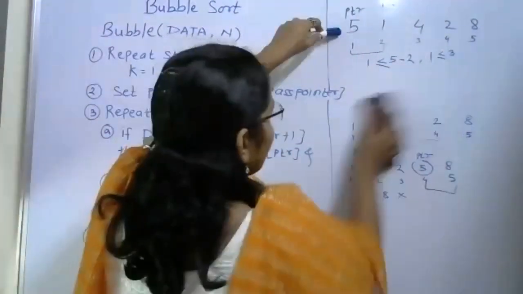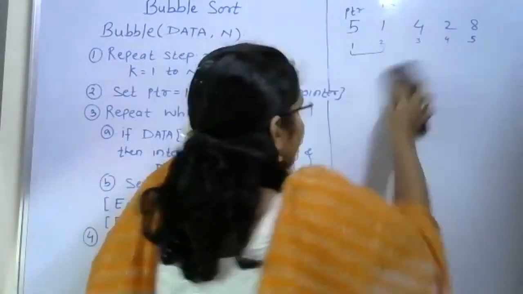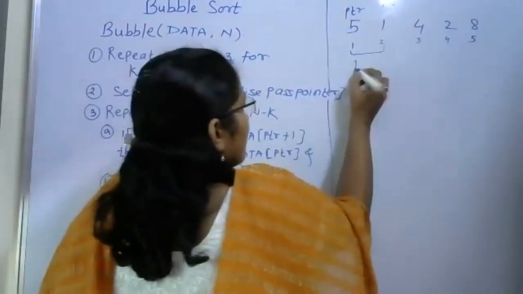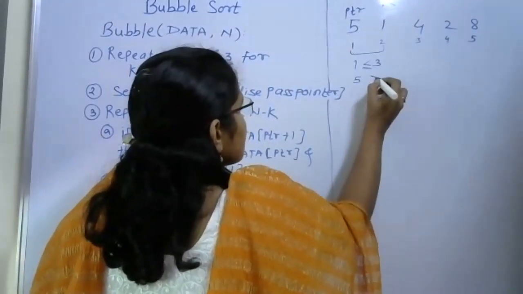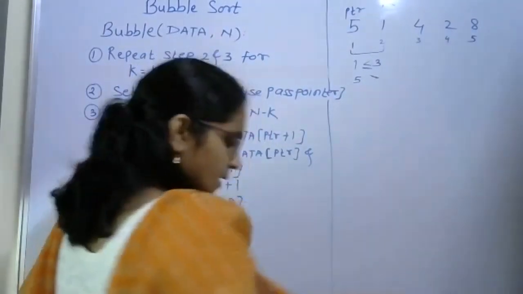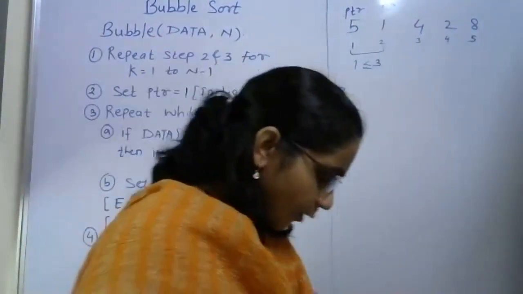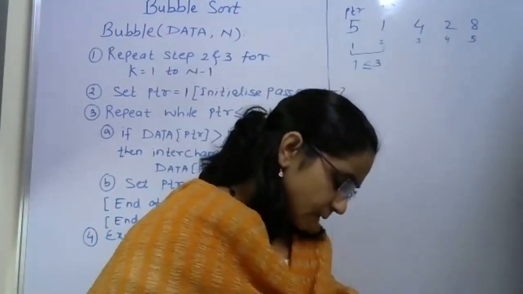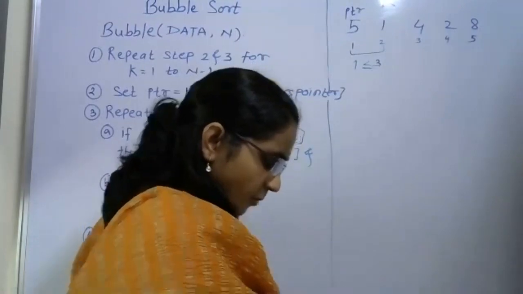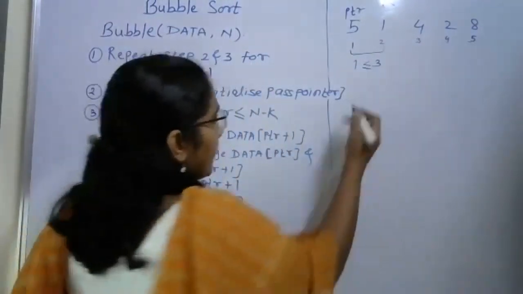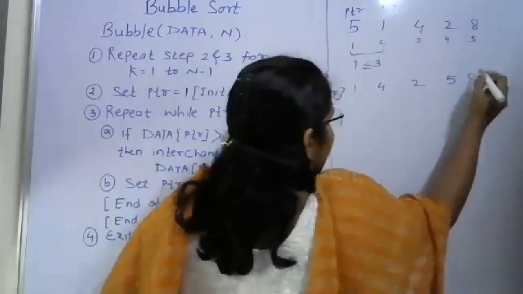What is the value of data of PTR? The data of PTR is 5. Now, the positions at the end of pass 1 are actually 1, 4, 2, 5, 8.